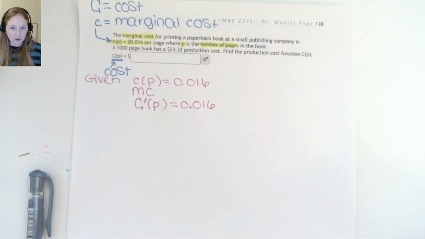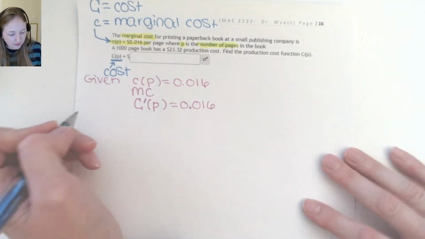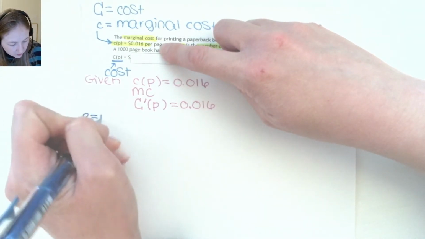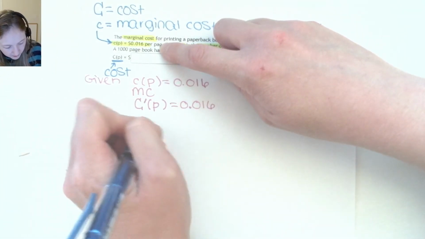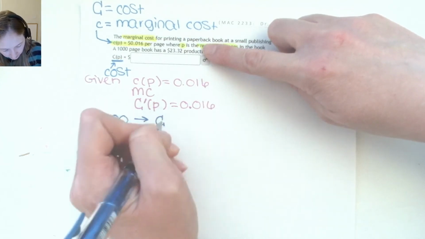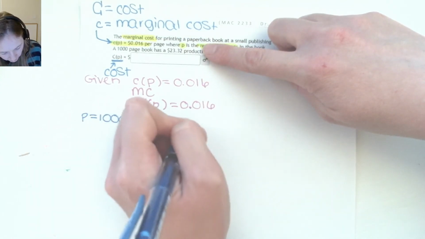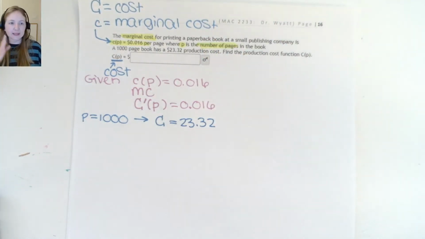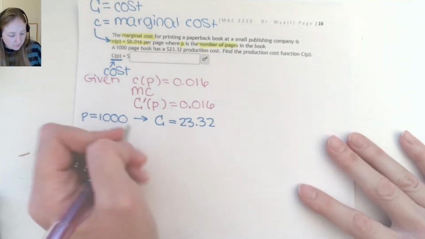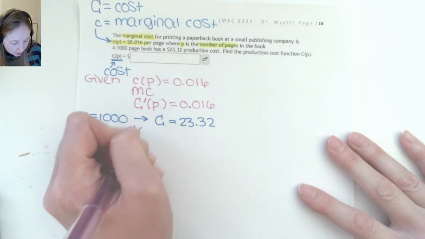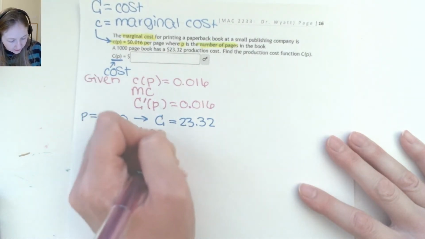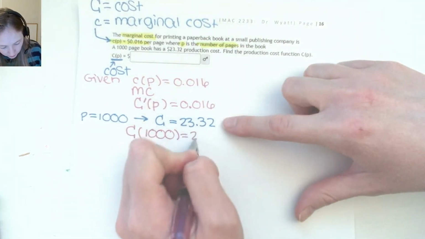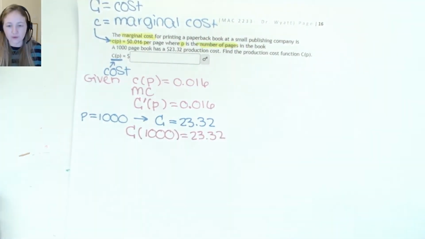They also tell us that if you have a 1,000-page book, so that would mean if P is equal to 1,000, then the production cost is equal to 23.32. So you can convert that statement into: my cost at 1,000 pages produced is equal to 23.32.